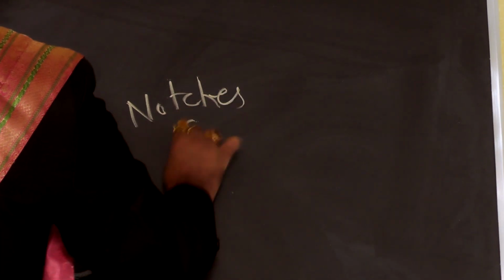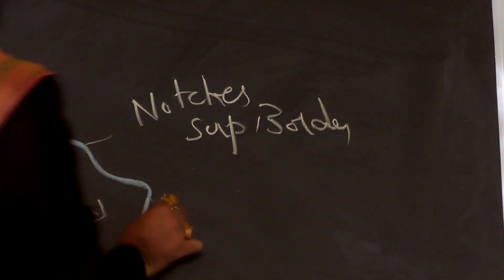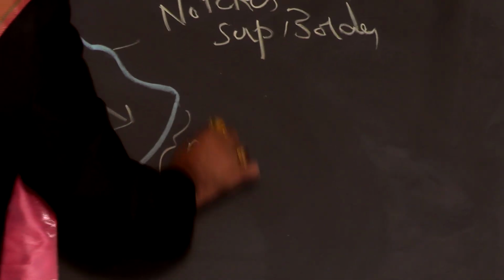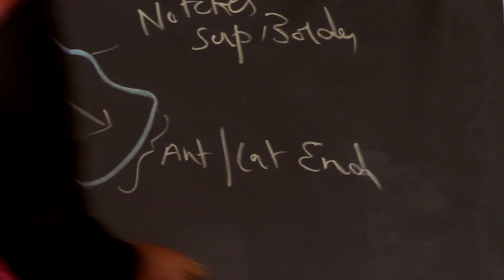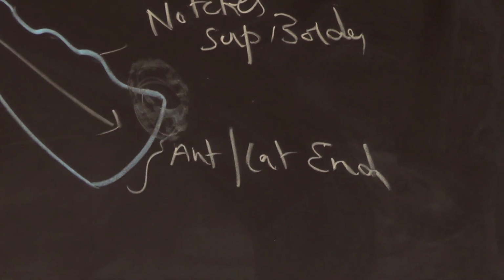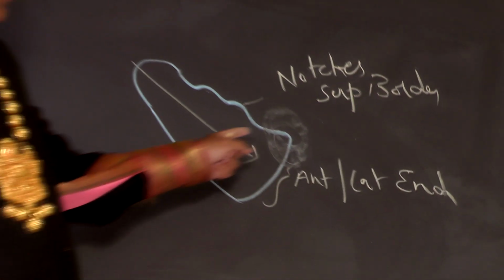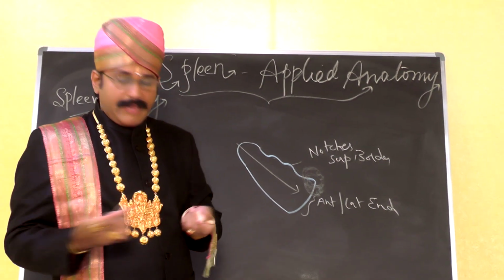It is showing that it is the superior border, and here we have the anterior end, which is also called the lateral end of the spleen. This portion is called the clinical angle of the spleen. Here is what you palpate once there is splenomegaly.